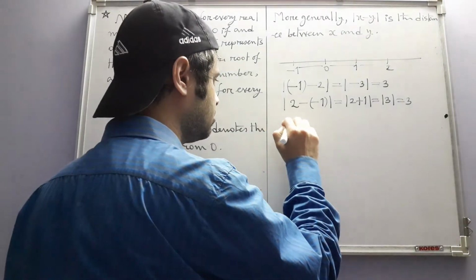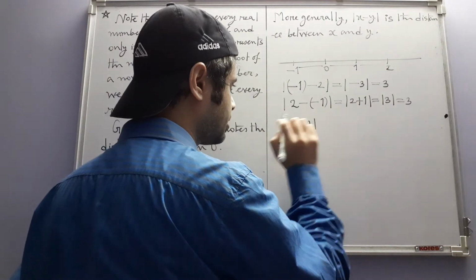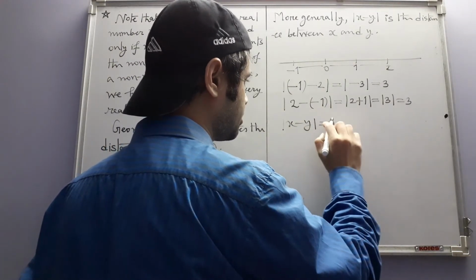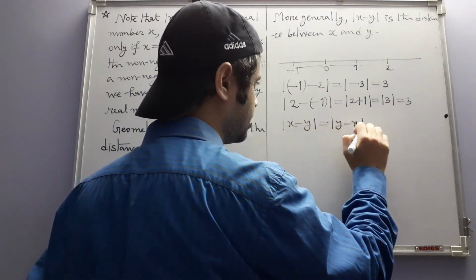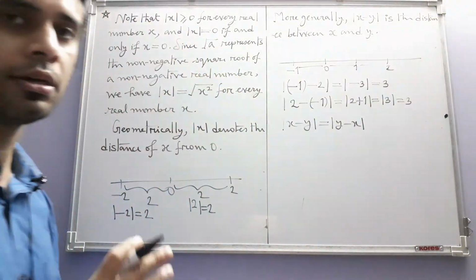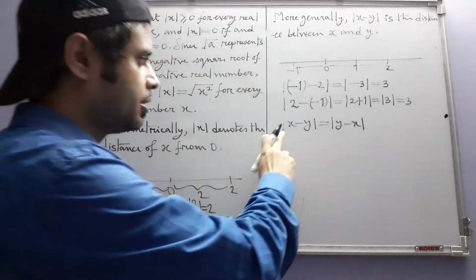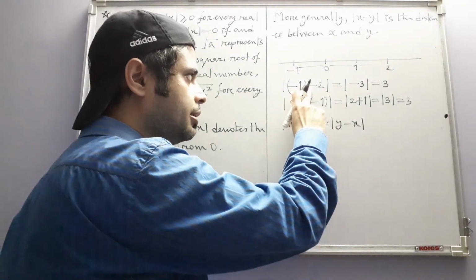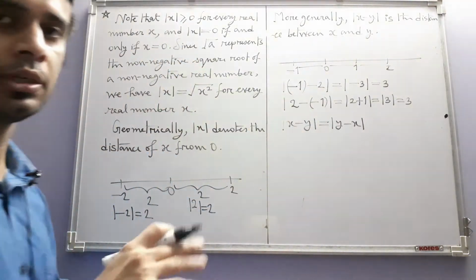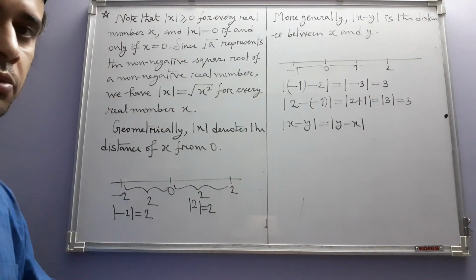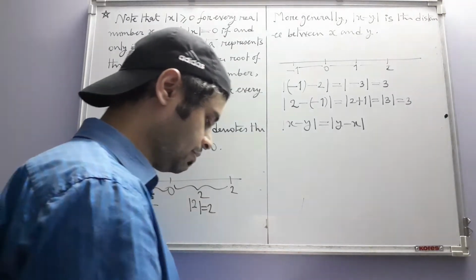That is, why is x minus y, its absolute value, equal to y minus x. This is a property of absolute values. So it's not true only in this case for 2 and -1, it's true in general for any two real numbers x and y.